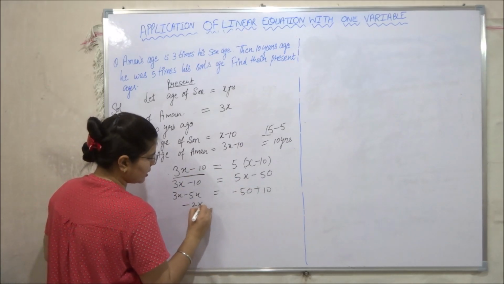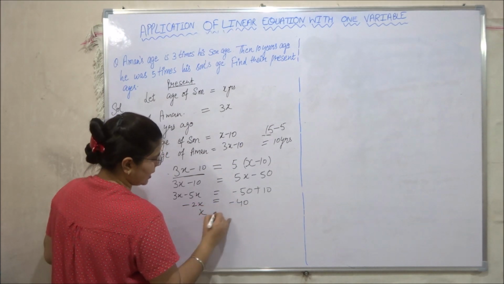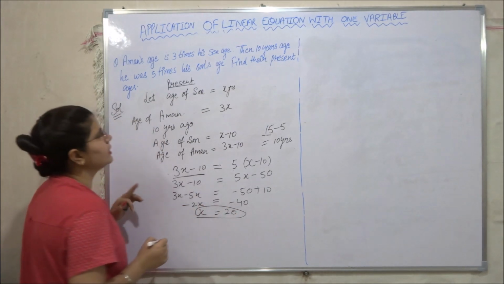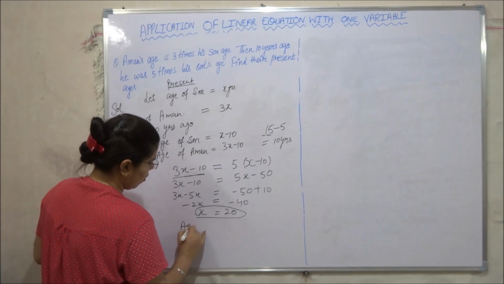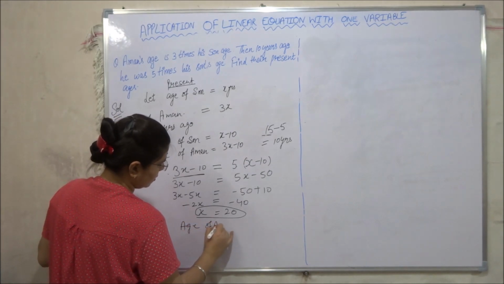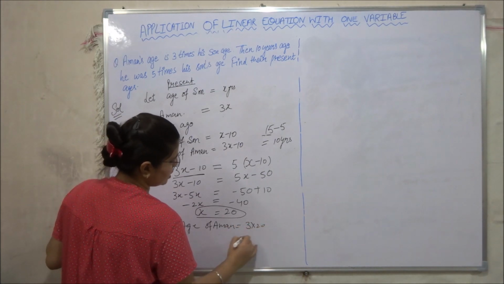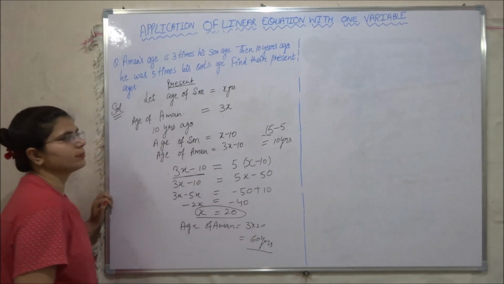Now 3x minus 5x will be minus 2x equals minus 40, and x will be 20 years. That means present age of son is 20 and age of Aman, that will be 3 times his son's age, 60 years. Hence solved.